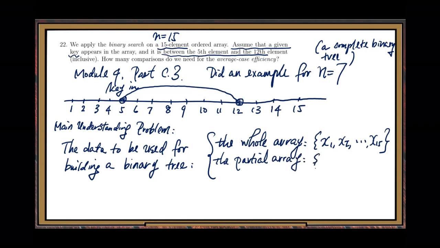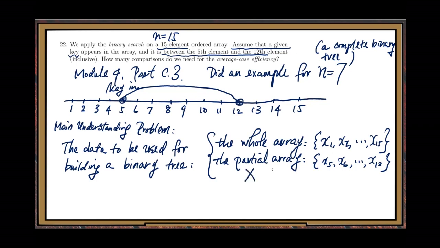That is the array elements in the given range, x5, x6, up to x12. Many students, when they see the given key falls in this range, may feel that when they build the binary tree, they should use the data in this range. But the second interpretation is incorrect.